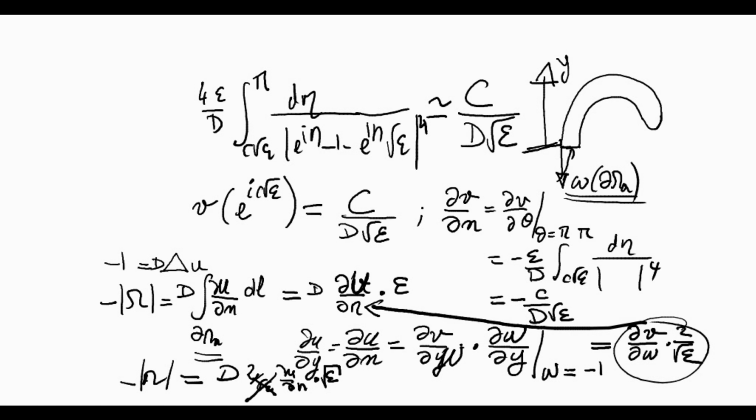And so the calculation here allows us to precisely get the constant. So C equals omega divided by 2.